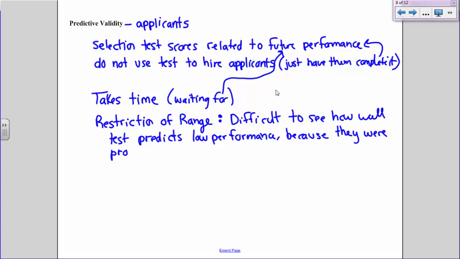So you're not going to have their measure of future performance. And again, that's assuming your current selection system works well and you're identifying good performers to hire.